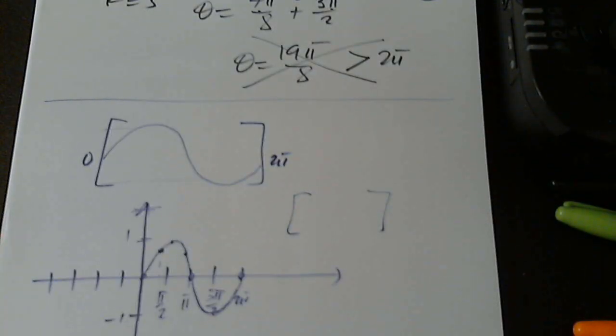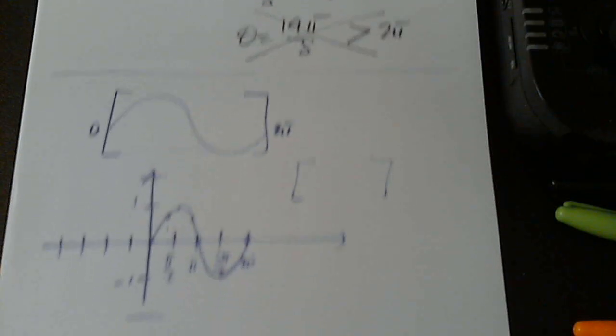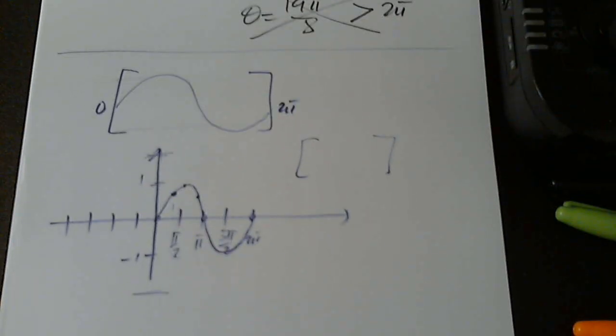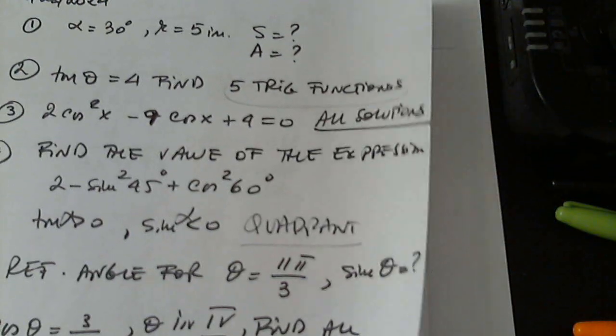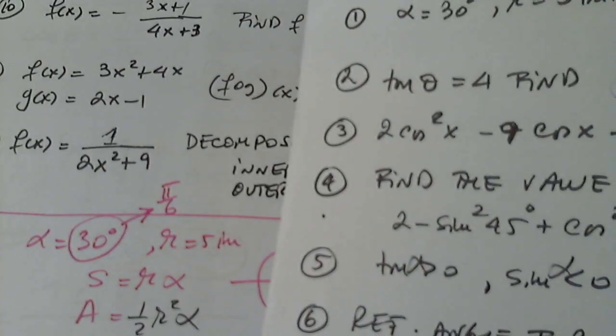Good. Anything else that you would like to go back to, or I will choose? Other questions? Anything else you need help with? From all this list, is there something that you would like to go back to?